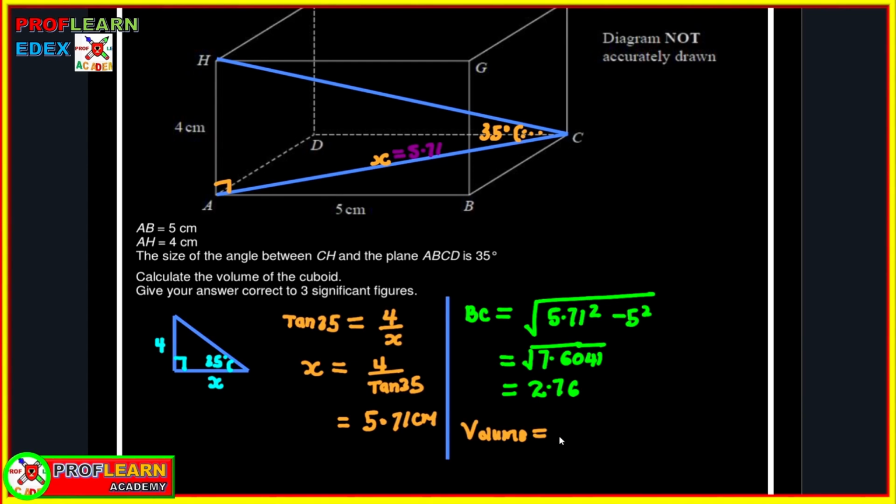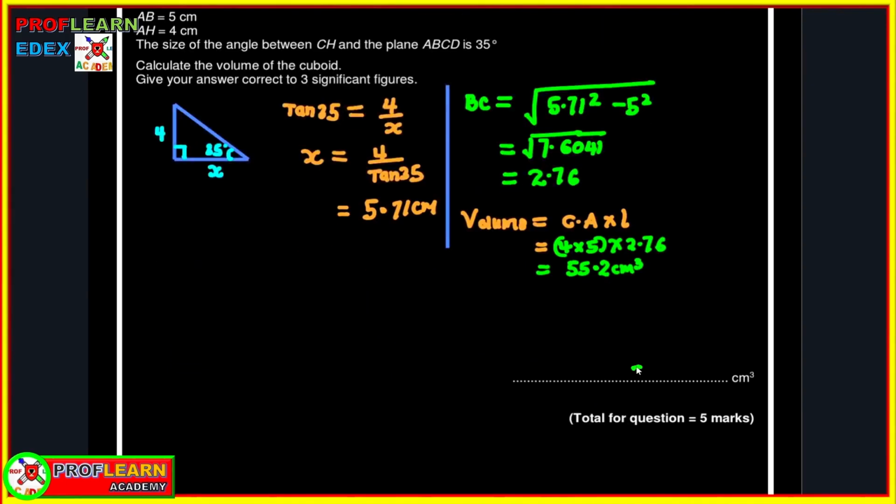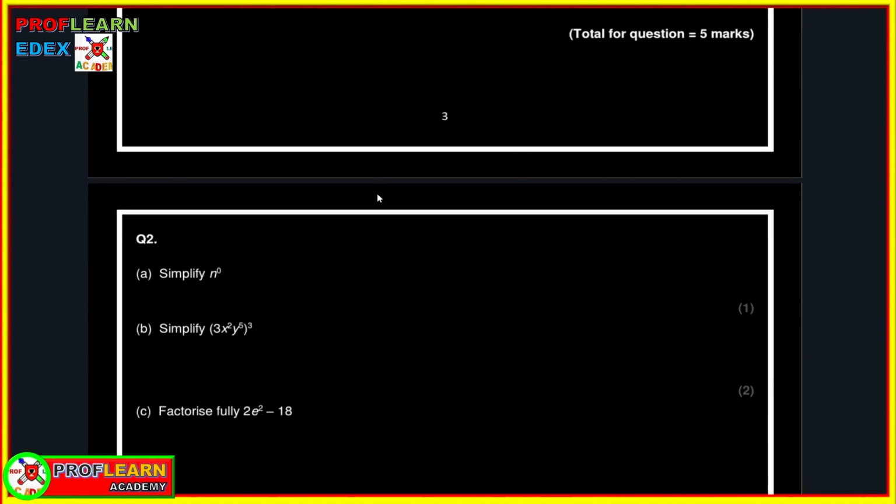So that we can find our BC to be 2.76. Now cross-section area times the length will give us the volume of this solid. Yeah, so that is what we are supposed to give, and we are supposed to transfer that answer here to make the examiner happy.